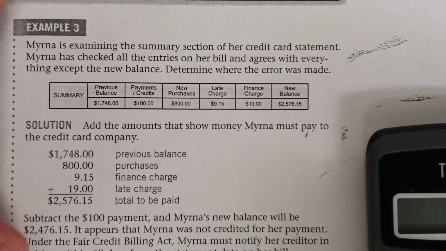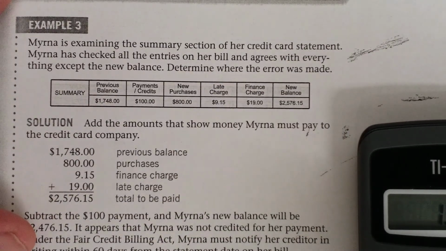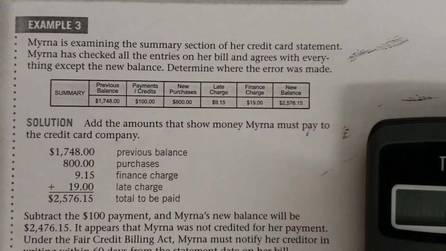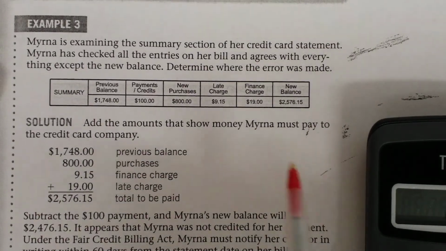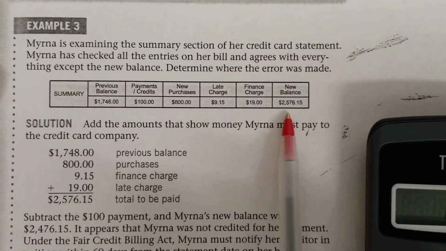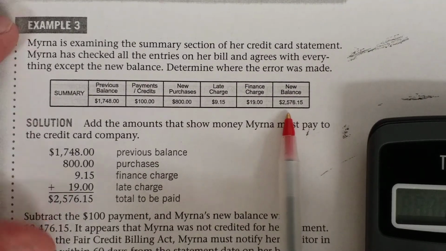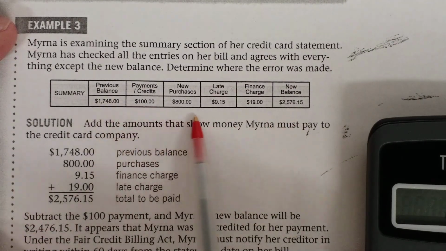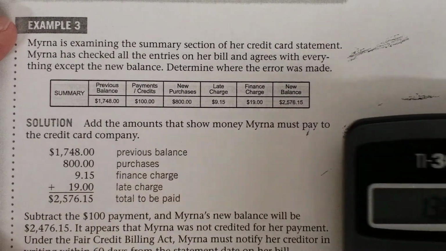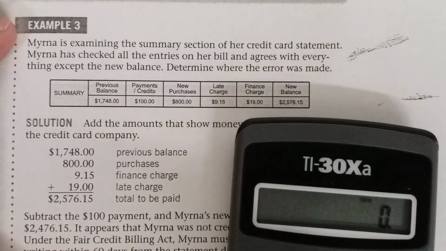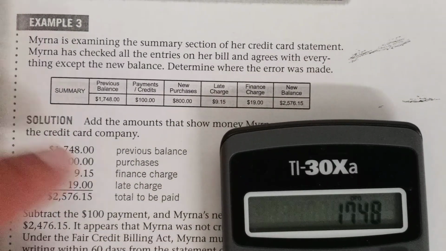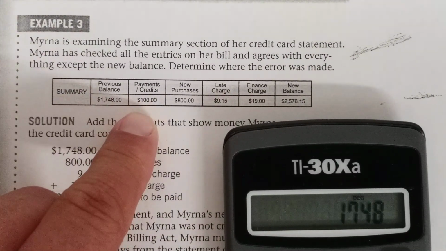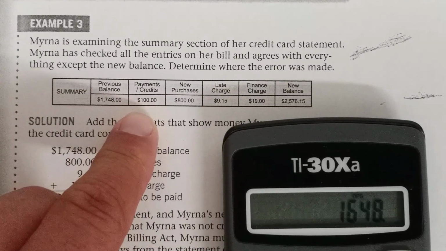In example 3 here, Myrna is examining the summary section of her credit card statement. She's checked all the entries and agrees with everything except for the new balance. Let's figure out what error was made. Well, to figure out the error, let's go line by line and see what her new balance should be. We started with $1,417.48. We made a payment of $100, so that takes away from our balance.